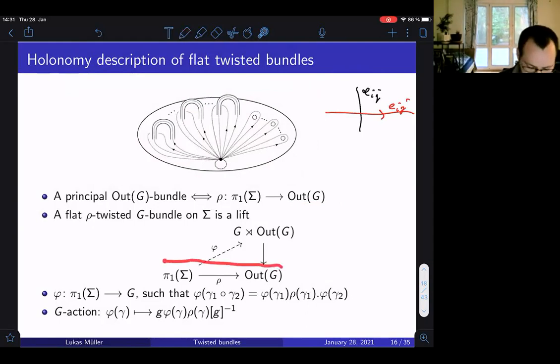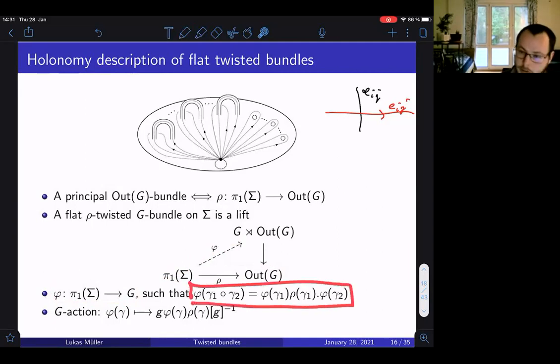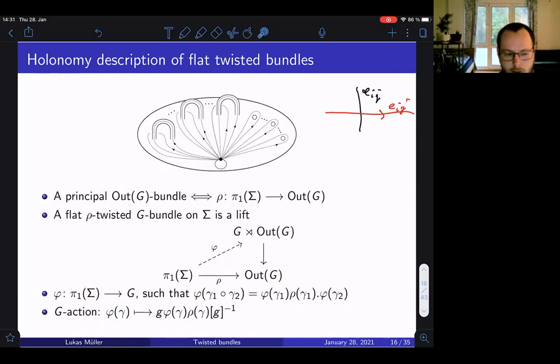So we have this twisting data down here, and then twisted bundles can just be described by lists. One can write out what these lists mean if you want to describe them only in terms of G. They are maps of sets from pi1 to G, which satisfy this twisted compatibility with composition.